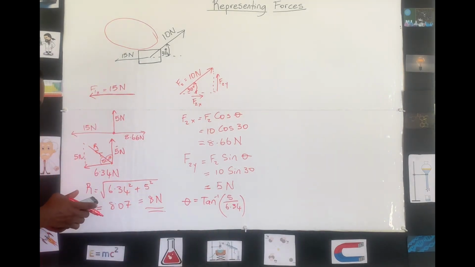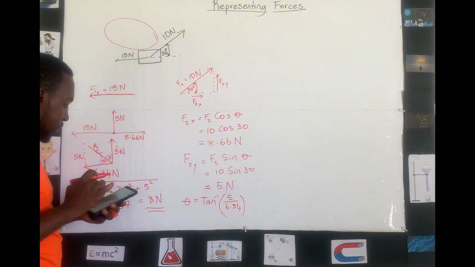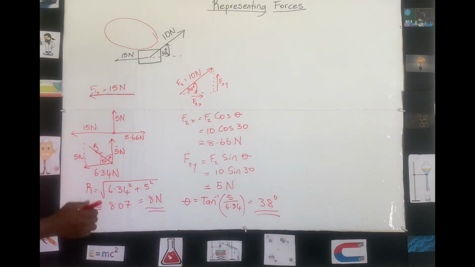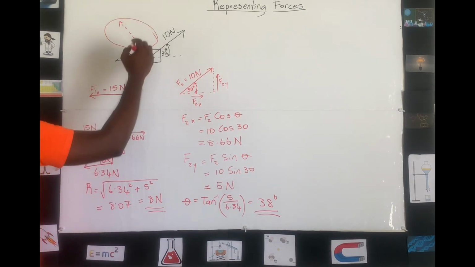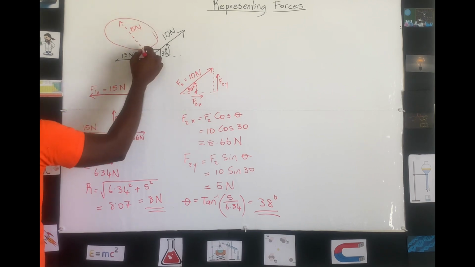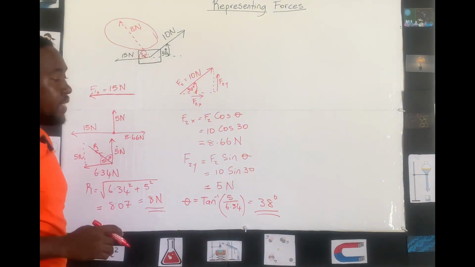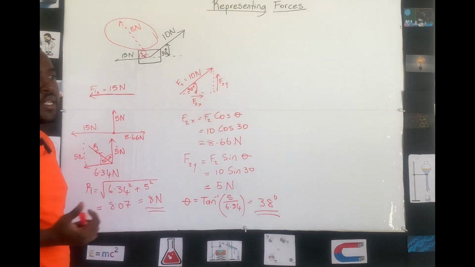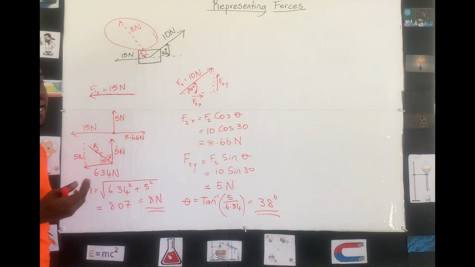That tells us that it is tan inverse of 5 over 6.34, which is 38 degrees. What this means is that the resultant is acting here with a value of 8 newtons at an angle to the horizontal of 38 degrees. And that is how we will find the resultant force of any force acting on an object moving at different angles.